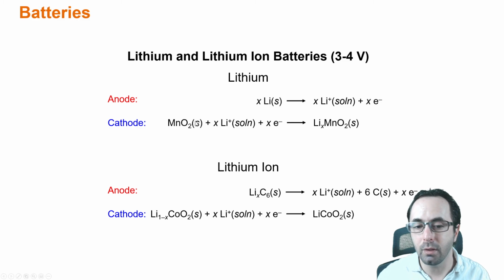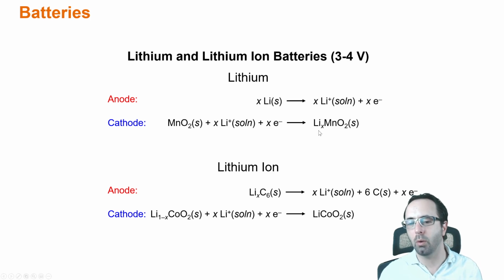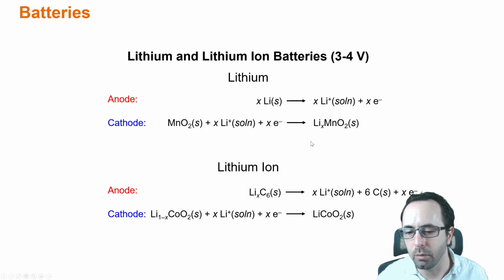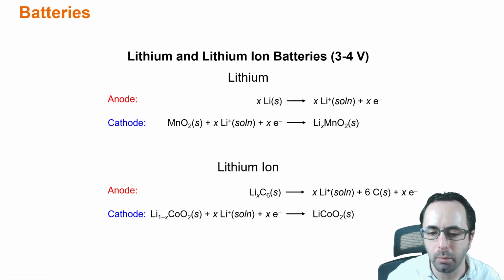The cathode, as you can see, is the same or similar to what it was in the alkaline batteries, the manganese 4 oxide. Lithium here is also present in the cathode, and you make a lithium manganese oxide type of complex here. And as I said, these are just very general equations because the battery chemistry actually is very variable and complicated.